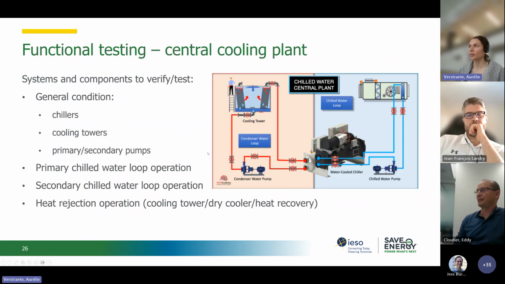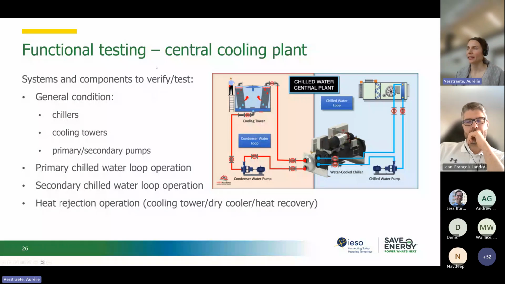Okay, so we'll continue here if there are no more questions. Here we want to talk about functional testing for central cooling plants. For that plant, you will need to verify and test the general condition of chillers, cooling towers, and pumps, primary and secondary.